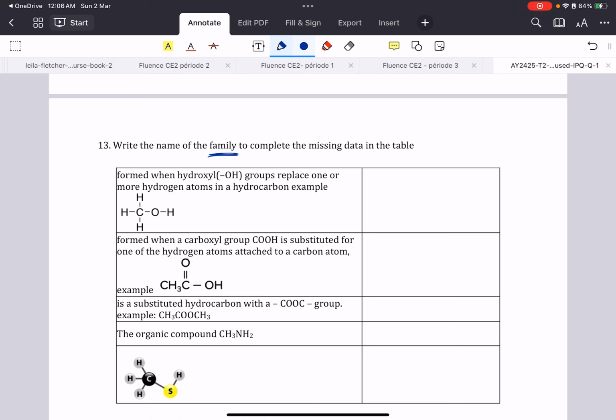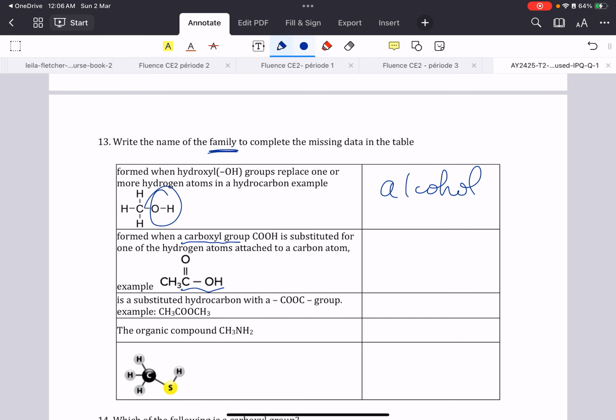So what is the family? This is an alcohol, when I have a hydroxyl group replacing a hydrogen. Now what I look at here is a carboxylic acid. It says formed when a carboxyl group COOH is substituted for one hydrogen atom attached to a carbon atom.